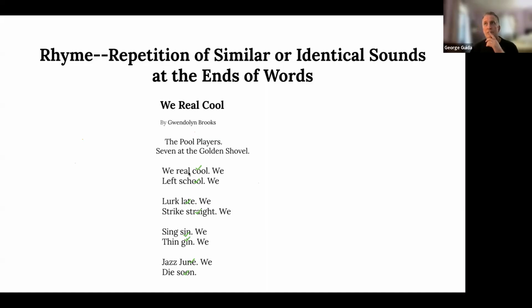Now, rhyme does not have to come at the end of a line. You could rhyme a word at the end of one line with one in the middle of the next, or a word at the beginning of one line with one in the middle of the next, or the middle of one line with the middle of the next. When you rhyme a word in the middle of the line or anywhere that's not the end, it's called internal rhyme.